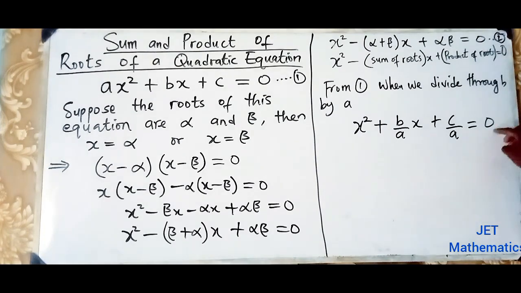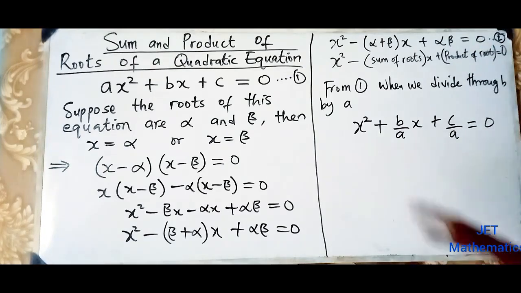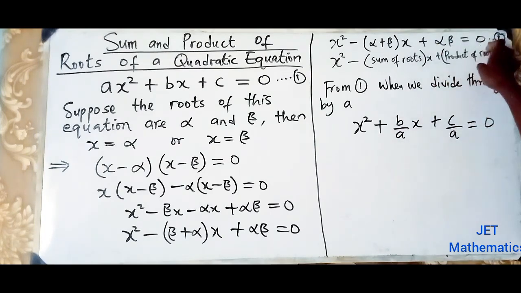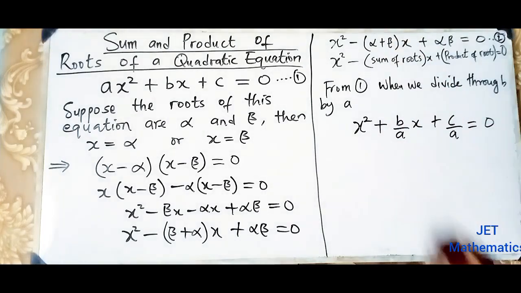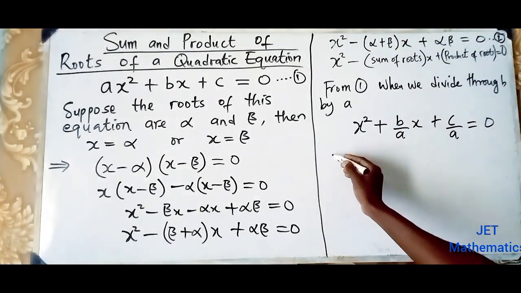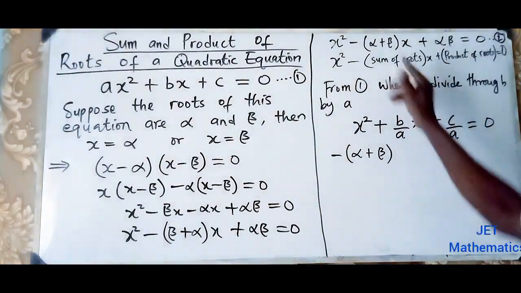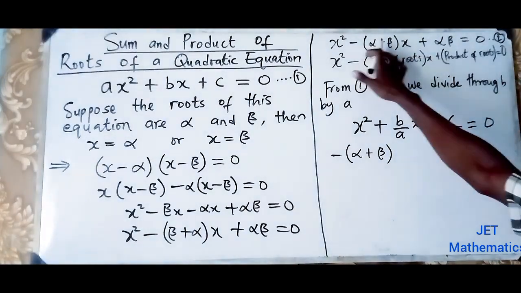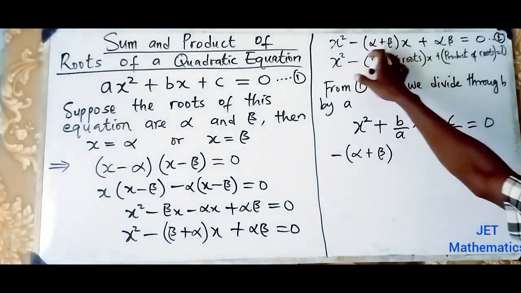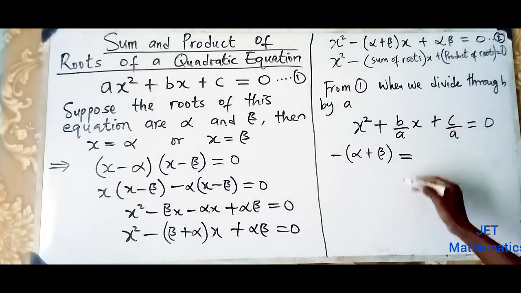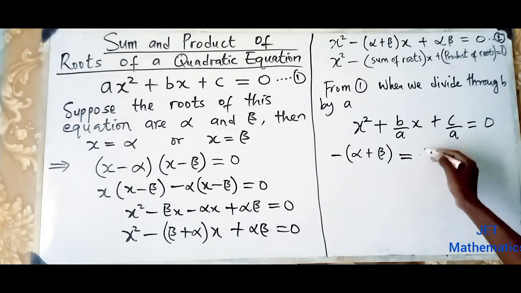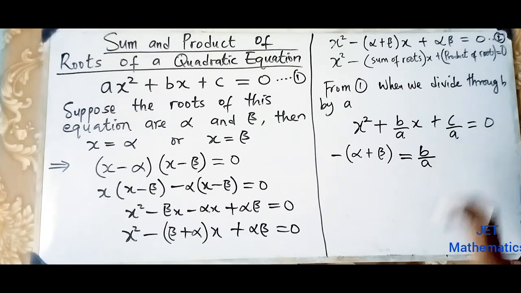Now when we compare this relation with equation 2, comparing coefficients, you discover that minus alpha plus beta, which is the coefficient of x here, is equal to the coefficient of x here, which is b over a.